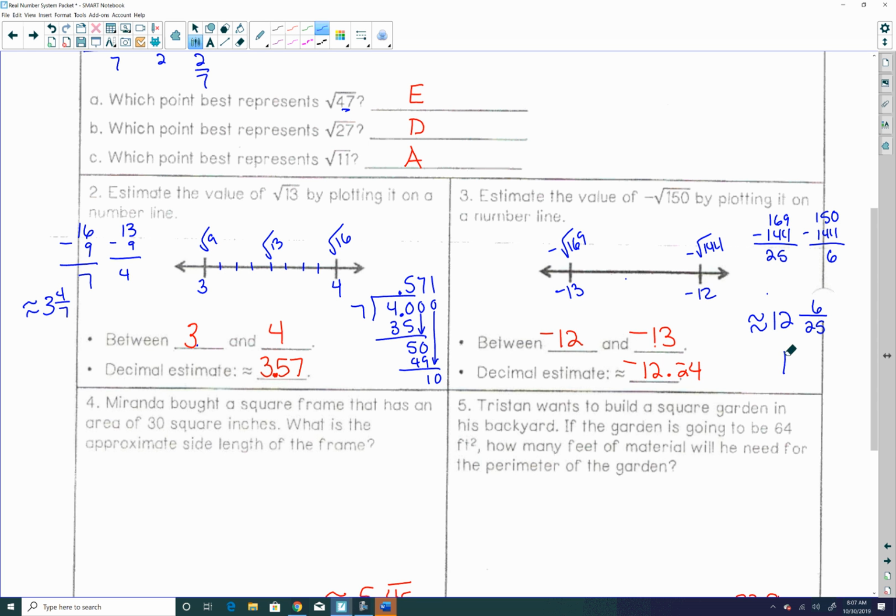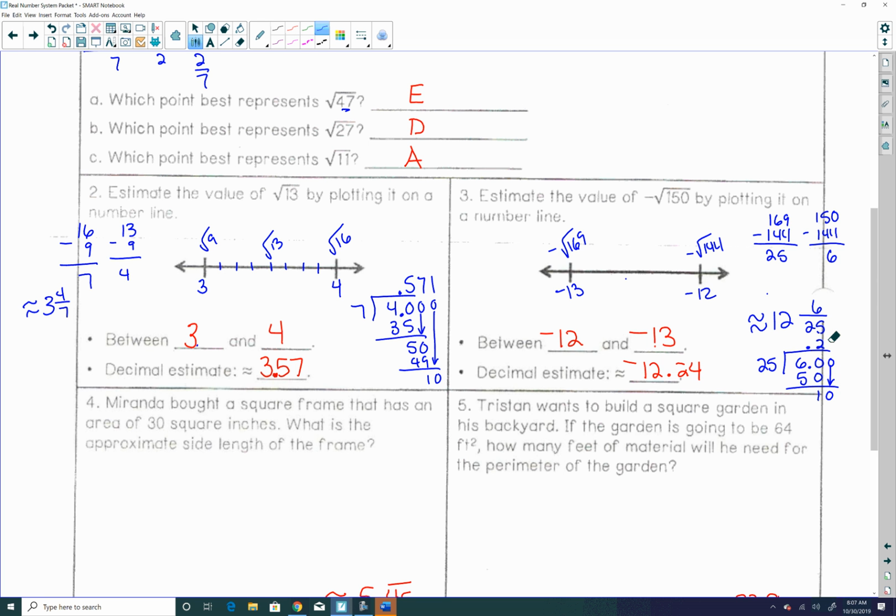I'm going to do my long division. 6 divided by 25 does not go in, so I've got to add a 0. What am I doing? Confusing myself. Okay, so 25 goes into 60. That would be 2 times. That's 50 with 10 left over. Bring down a 0.